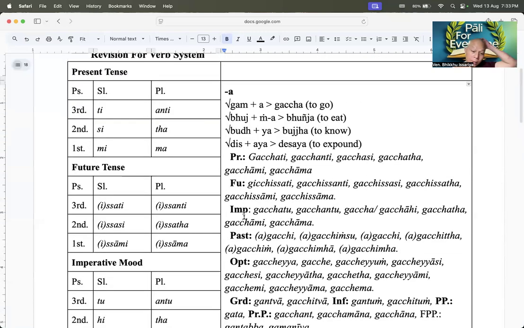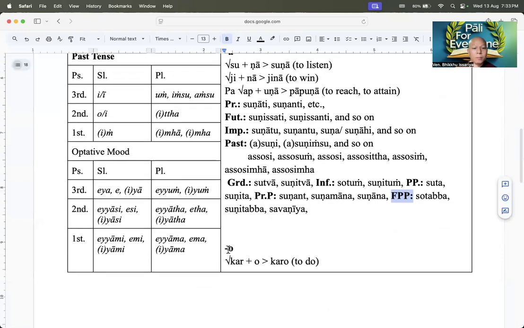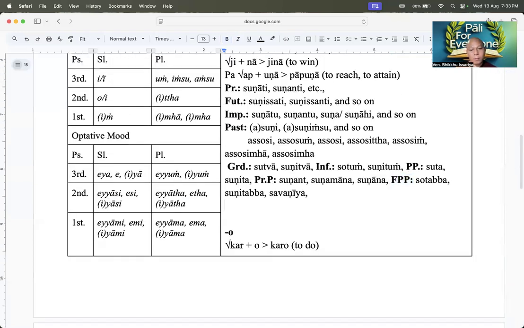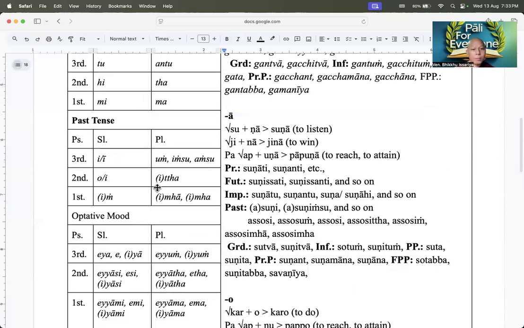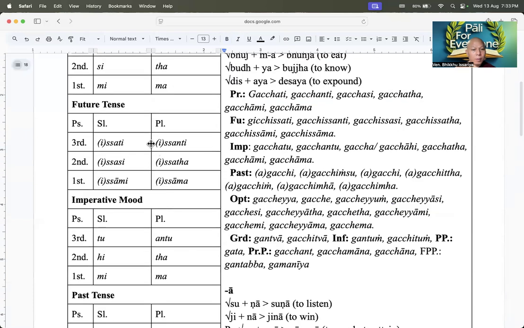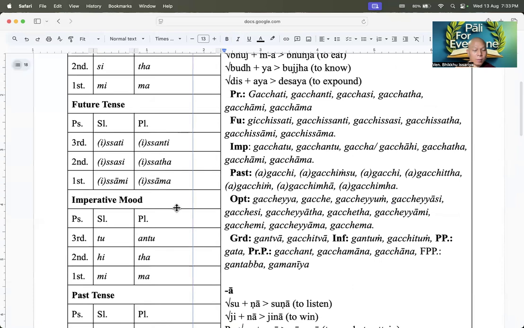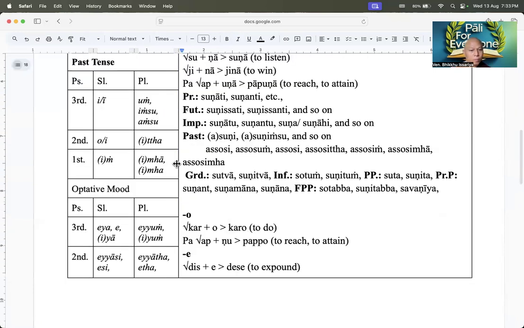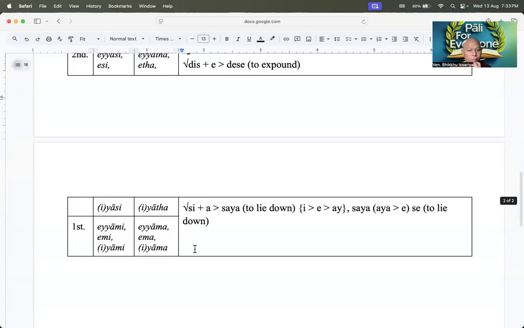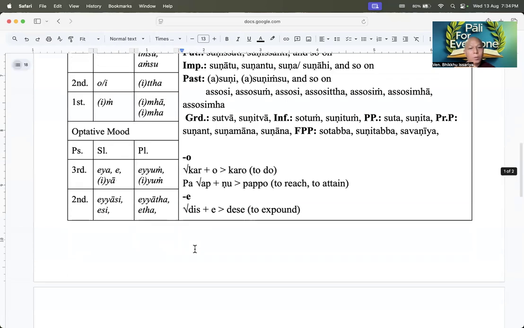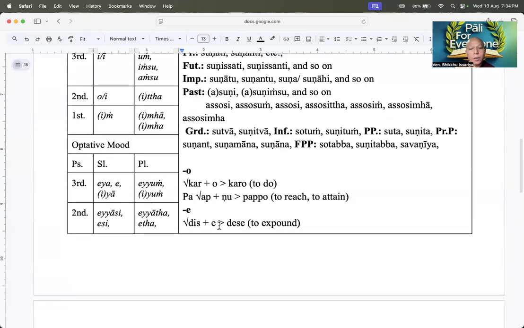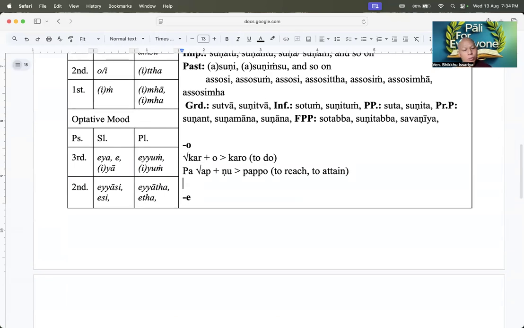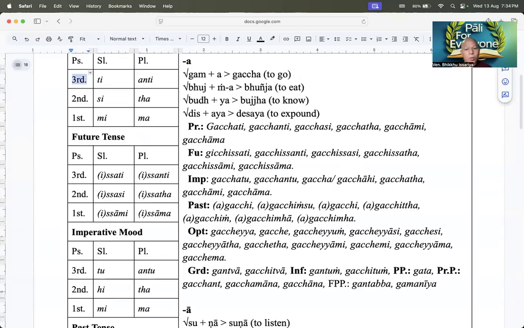Okay, and then with the or base, okay. So now with the R ending, with the or ending, also actually, so garo.